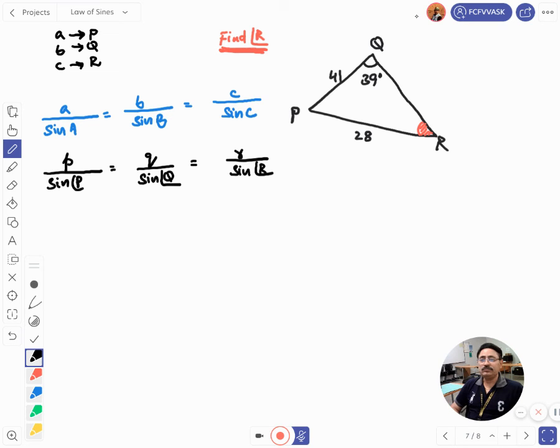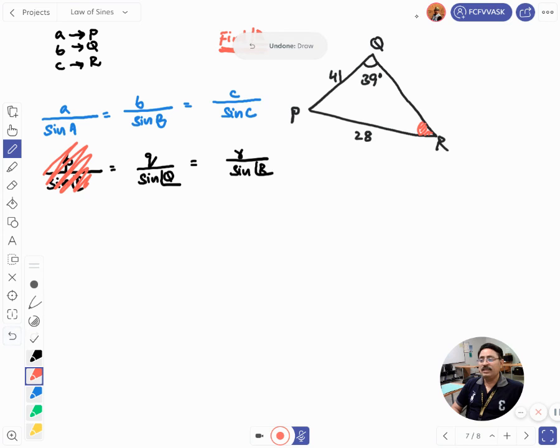When we talk about P, both the angle and the opposite side are missing. Therefore, you may drop this fraction. Next, Q: I see the angle and I know what the side is.